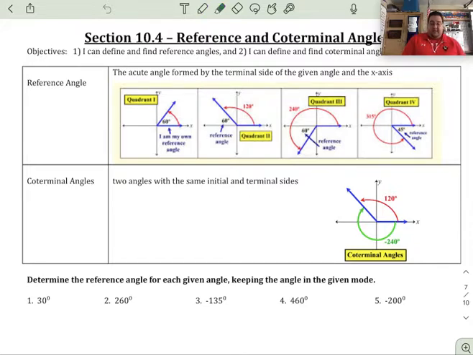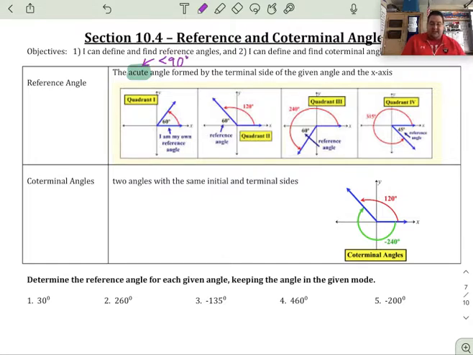And the reference angle, the definition's up top here. You might want to write this down in your notes, or if you just have this picture with all four quadrants of the reference angles for each quadrant, that's probably fine too. But a reference angle is an acute angle. That's the important word there. It means an acute angle, which is less than 90 degrees.